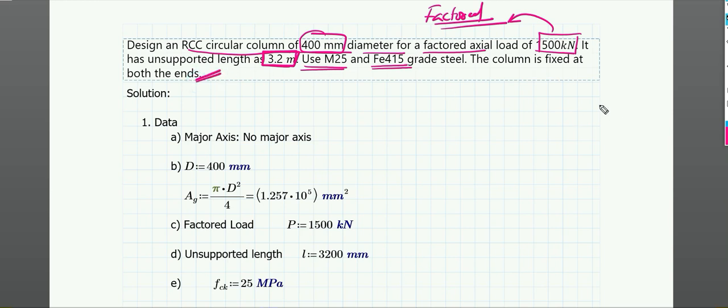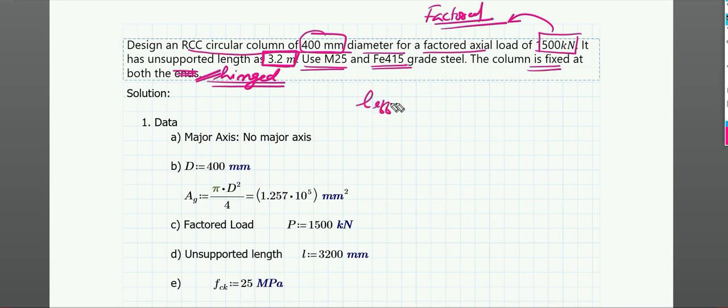The criteria is already given. The column is fixed, just like the previous question that we have done for rectangular column. I have already mentioned, if both ends are hinged, in that case the effective length will be how much?